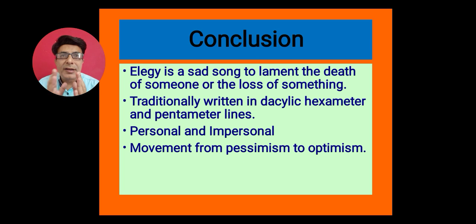Traditionally, elegies were written in dactylic hexameter and pentameter lines. And we have two kinds of elegies in English literature, personal and impersonal. In the Christian elegy, you find the movement from pessimism to optimism. In the beginning, the poet is sad, but towards the end of the poem, the poet finds a resolution.